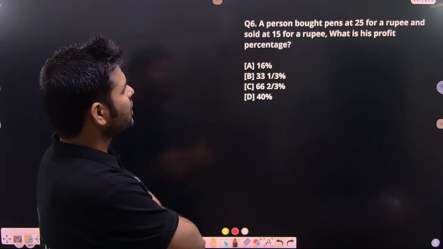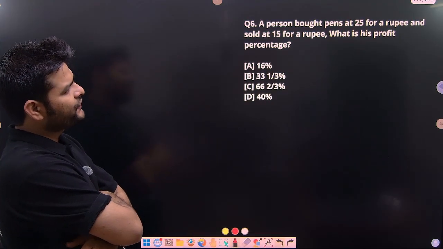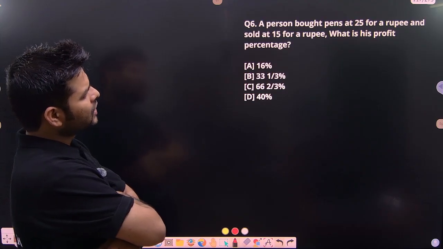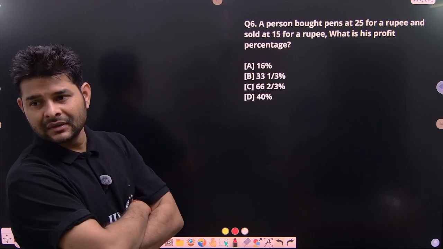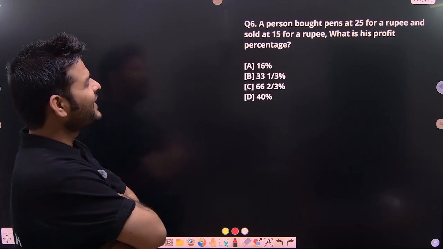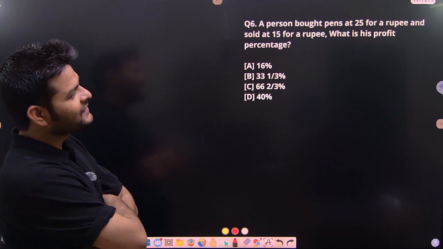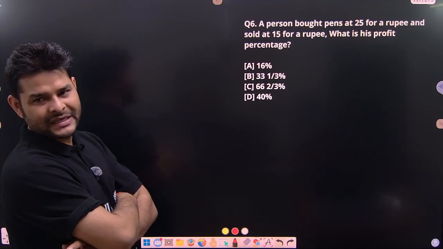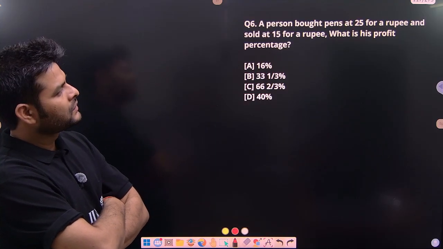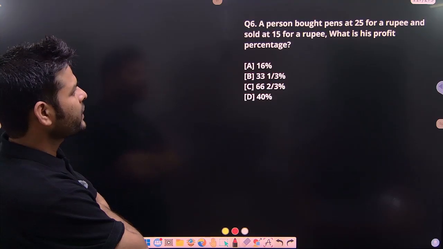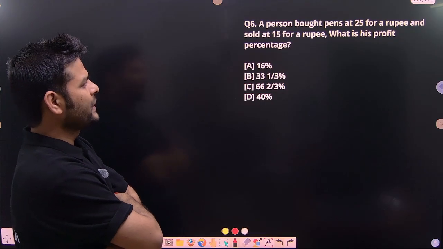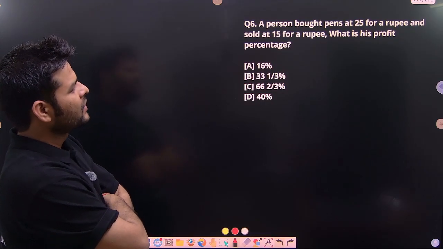A person bought pens at 25 for a rupee. So basically 25 for rupees 1, and sold at 15 for a rupee.